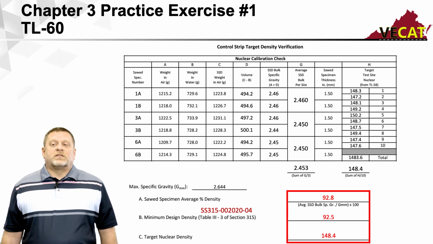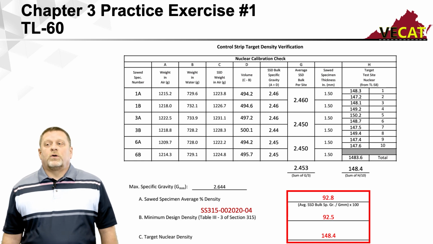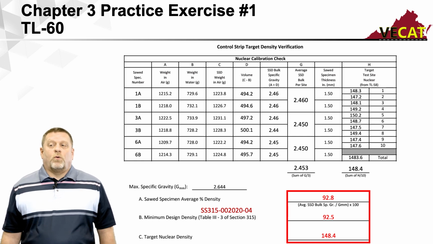So our target density for this particular pavement going forward will be a 148.4, which is the average of our 10 locations.